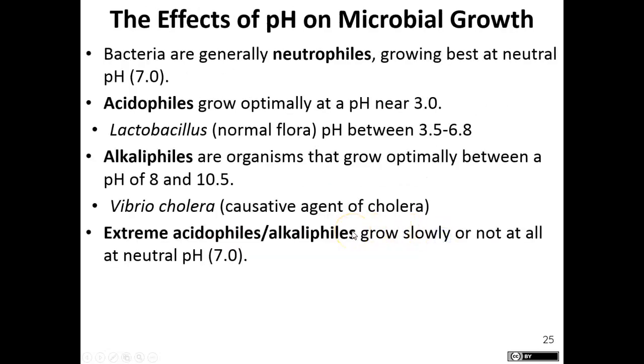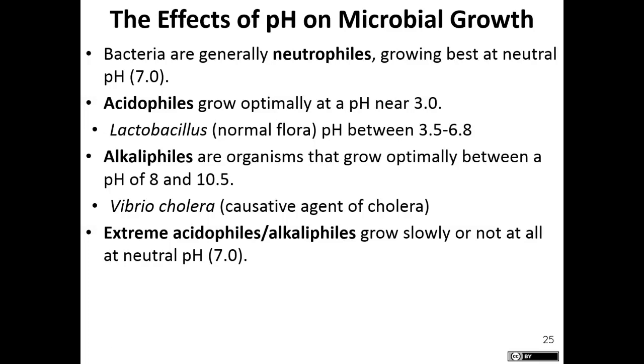There's also a pH factor that microbes grow best in. Most bacteria that we know about are going to be neutrophiles. They grow best at a more neutral pH, whereas acidophiles grow at a lower pH than neutral.